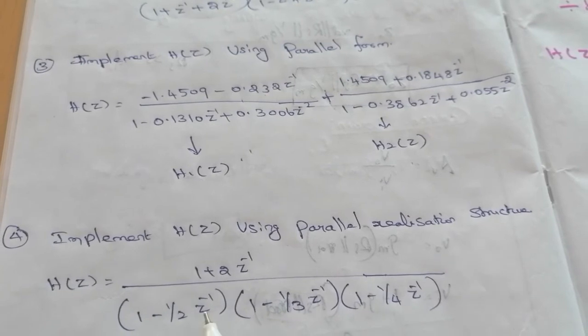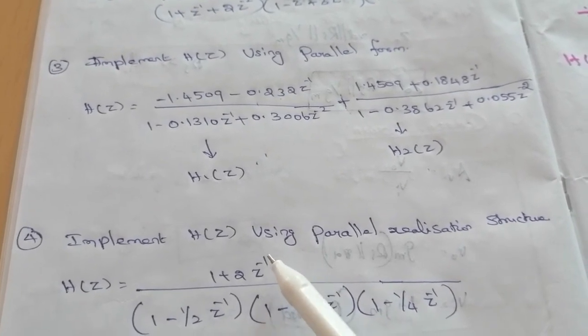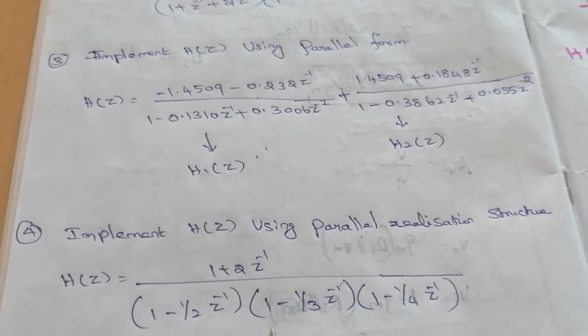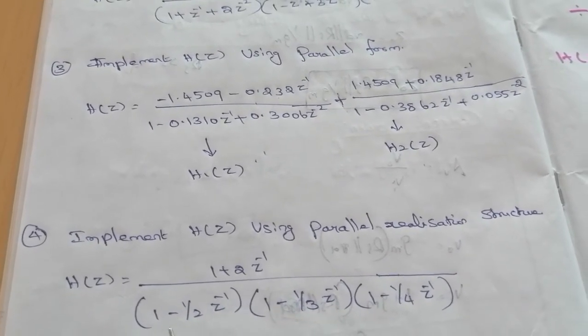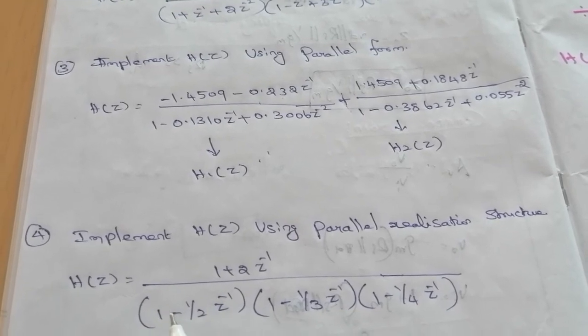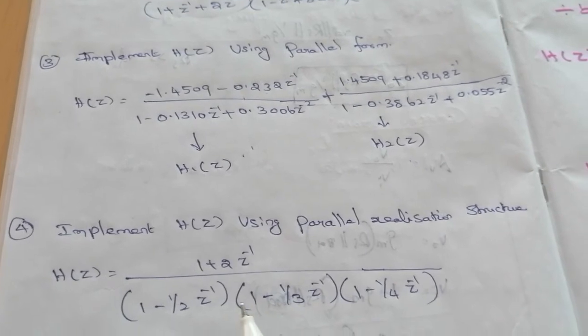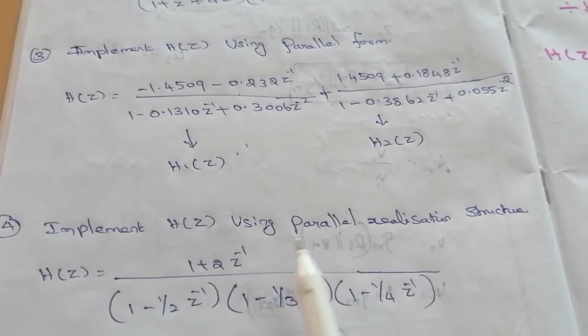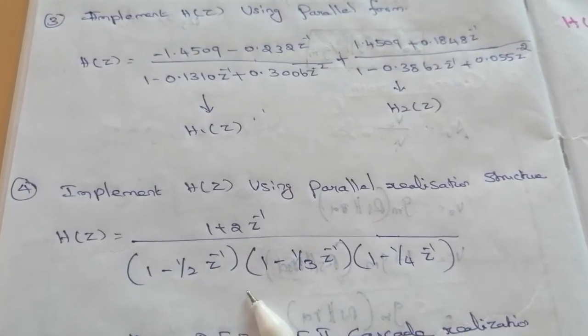To find the constant value, you directly divide this value by this value using the long division method, and next find the partial fractions. Okay. After that, draw the structure of each transfer function, which are connected in parallel.